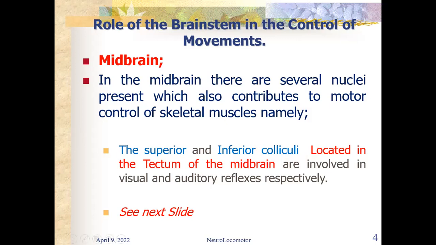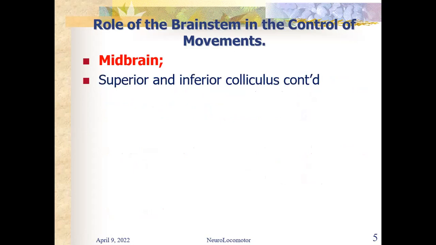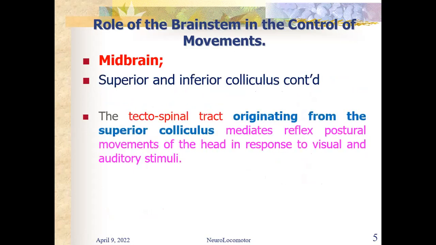If you can still remember our spatial senses, we saw these two nuclei and their functions when it comes to visual and auditory reflexes. So how are they concerned with control of body movements?